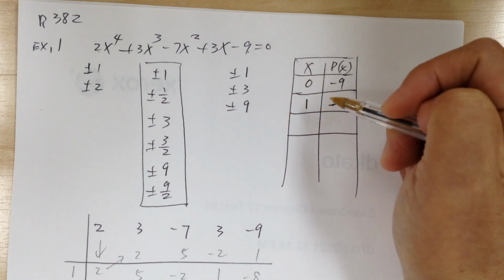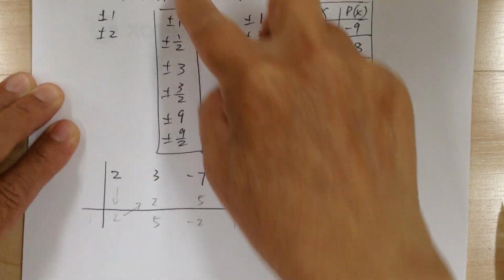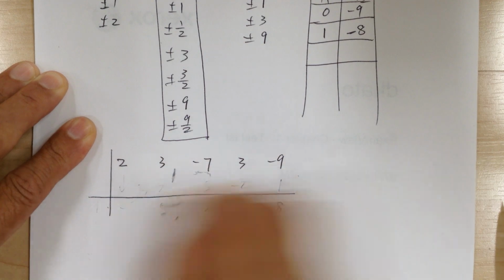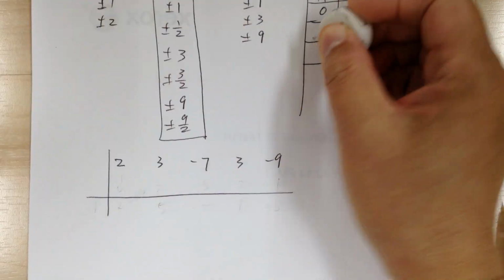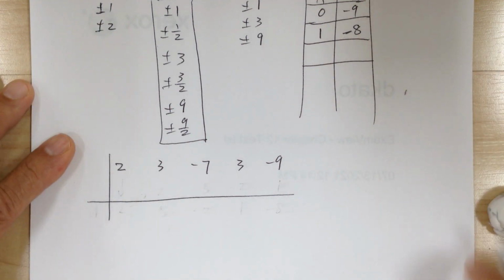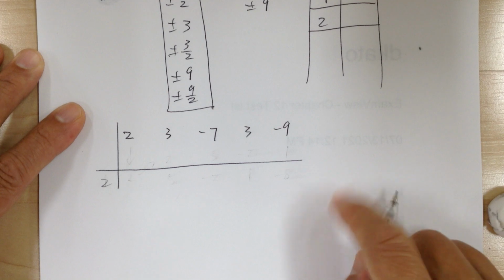So what I'm going to do is I'm going to try 2 next. Okay, I'm going to try 2. Again, the reason I don't want to do the fraction right away because fraction is harder to do. So I'm going to do the integer first and to get an additional clue. Okay, so I'm going to try 2 next and see what I get.